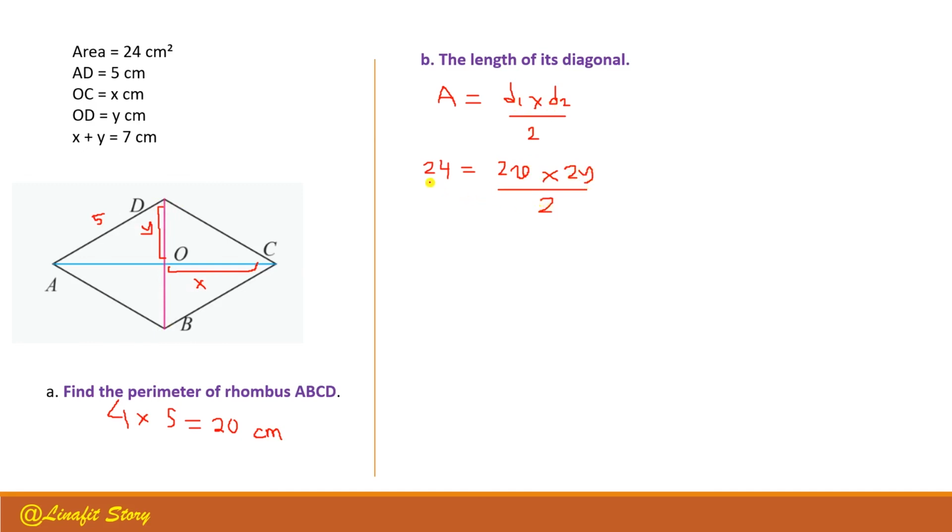We convert 24 into a fraction, so 24 out of 1. Then cross multiplying. 24 times 2 is equal to 2x times 2y. 48 is equal to 4xy. So to get xy is equal to 48 divided by 4. xy is equal to 12.